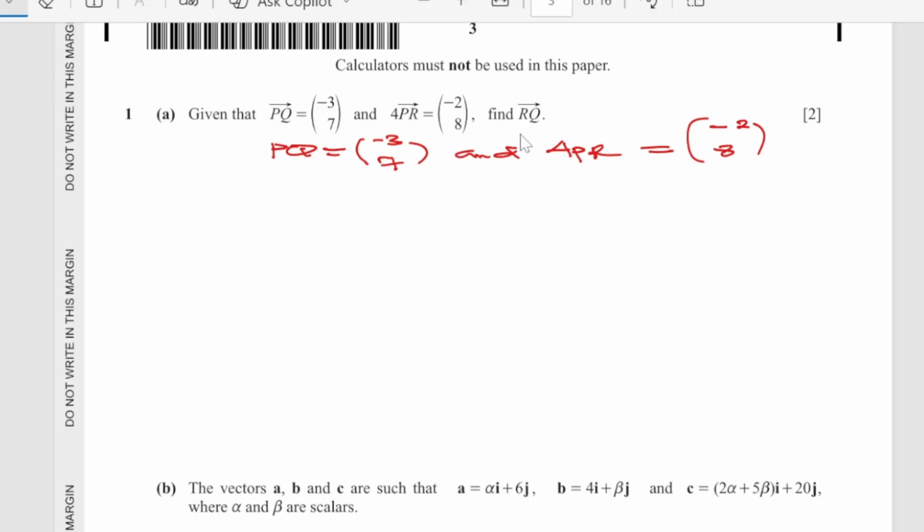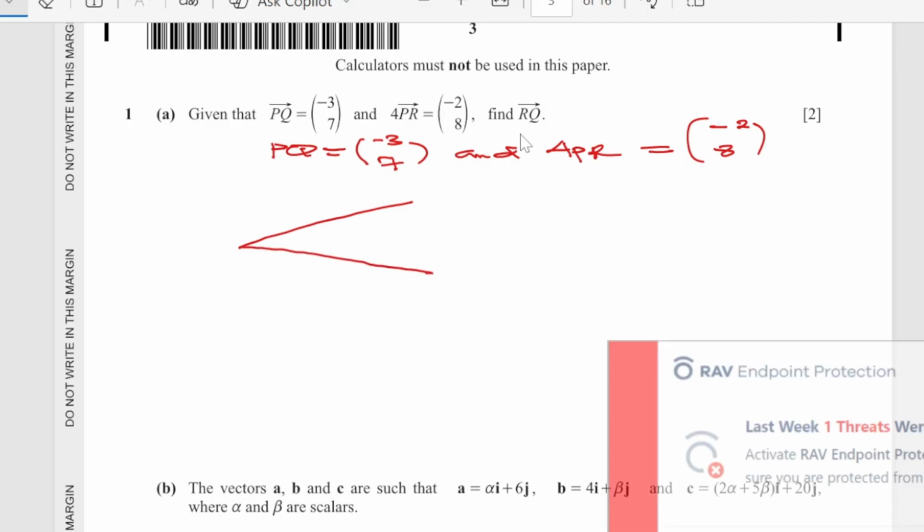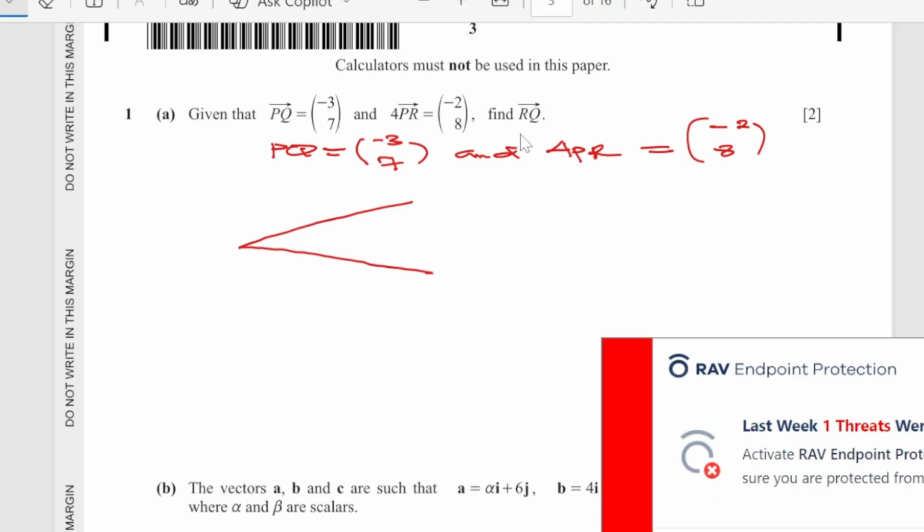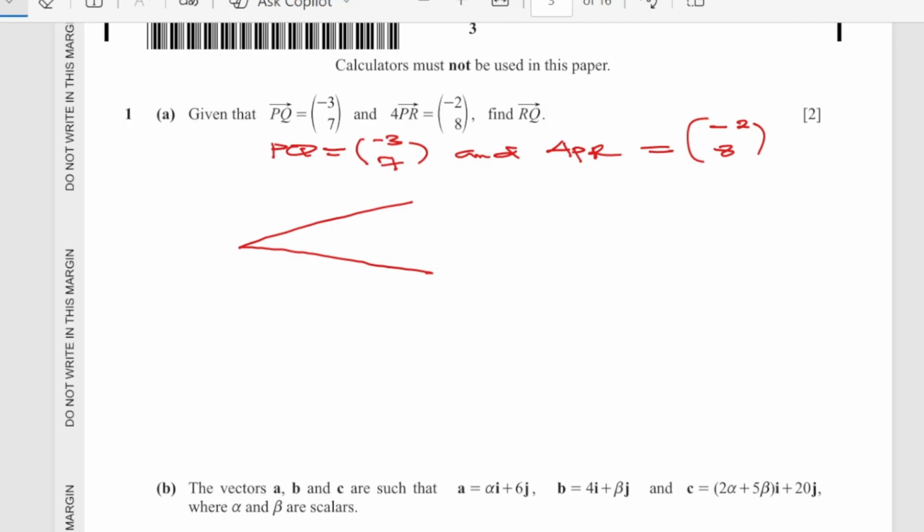So like I said, the first thing you can do is sketch the shape. We have PQ here, and it's a vector in that direction. I have PR. PR is 4 times that, so we have PR in this direction. So this is R, and we're to find this RQ. RQ, we follow this direction.